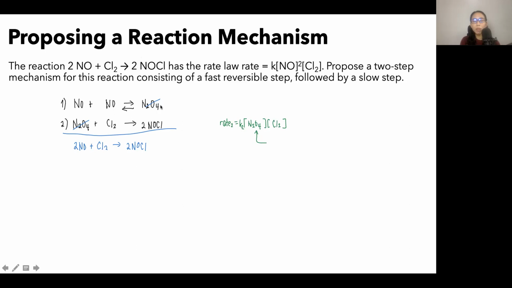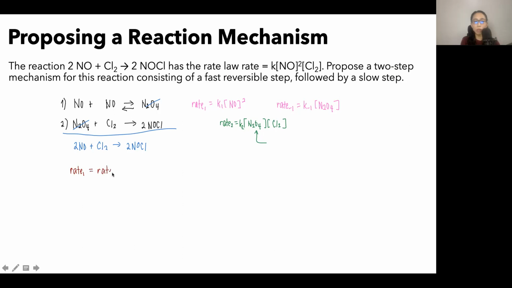And we do that by the equilibrium method because we know that the first step establishes equilibrium. So the rate of the forward is equal to K1 times NO squared, and the rate of the backward for step 1 is equal to K-1 times N2O4.